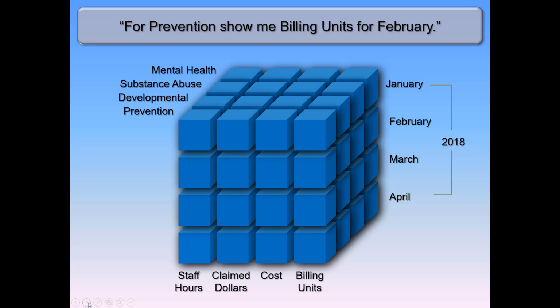Cubes are organized so that each of these little tiny cubes that you see contains a single value. We call it a tuple. That's a strange word, but it's basically when I combine the following parameters together, that's going to be the value in that cube.